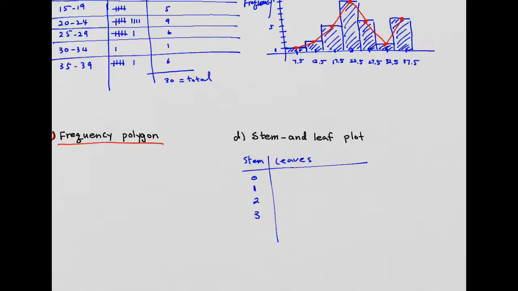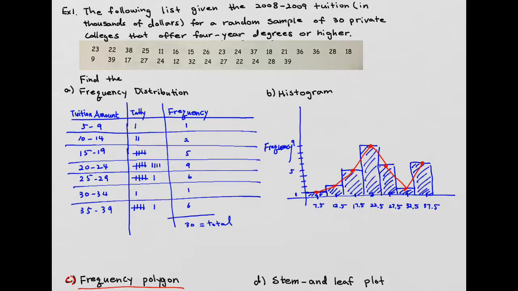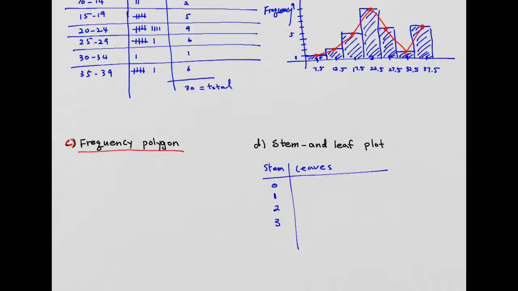You don't have 40. So then looking at your given data, this data right here, you're going to do exactly the same thing as what we did with the frequency distributions. So if the first one is 23, then I'm going to write this is 20 and then write 3, right?